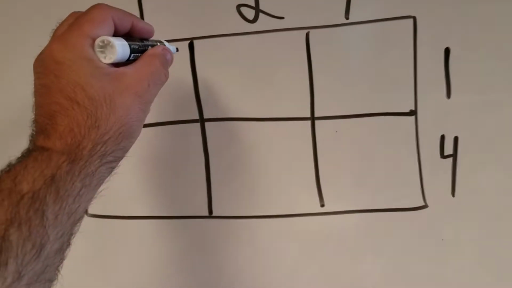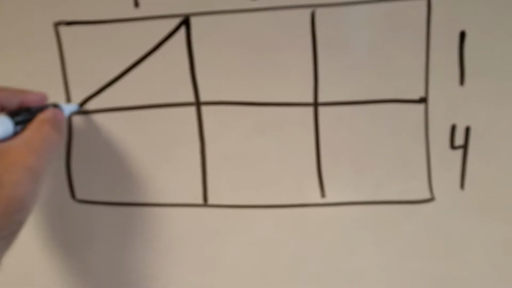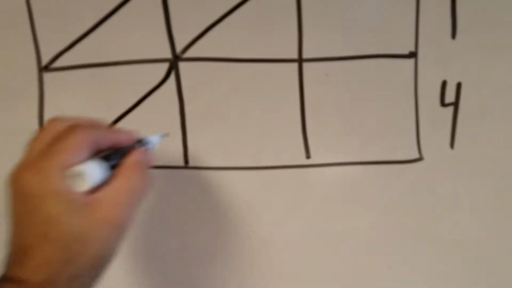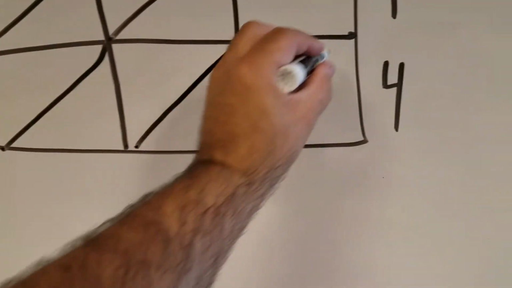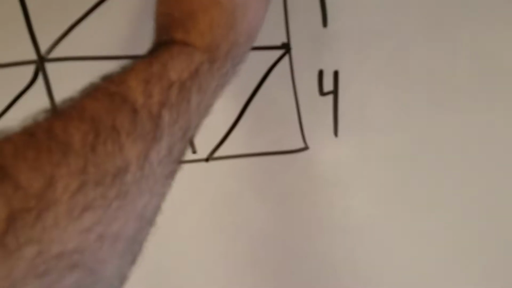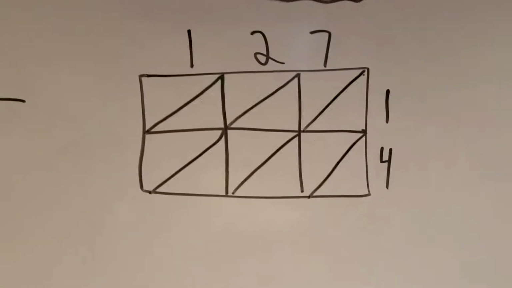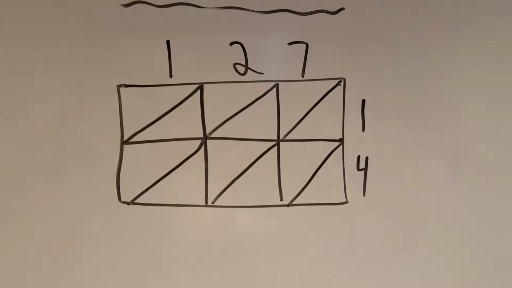And what I'm going to do next is make the lattice portion by cutting a diagonal in between each box. So it kind of resembles that lattice that's on the back of your porch.